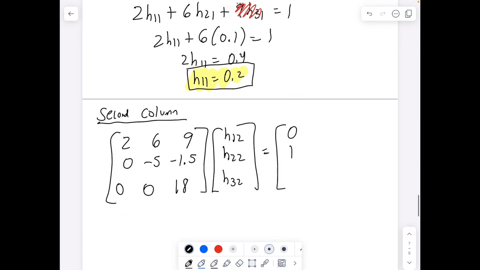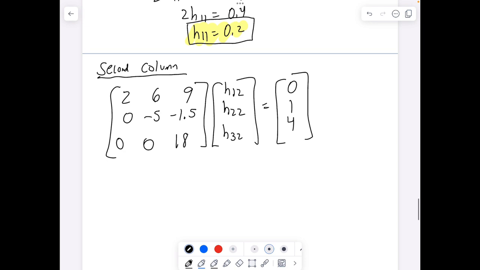So, back substitution again says that we're going to take 18, multiplied by H32, and that'll give us 4. So that means that H32 is 4 over 18, which is 2 over 9. And if we do 2 over 9 in our calculator, we get 0.222 repeating. We'll leave it at 3 sig figs.